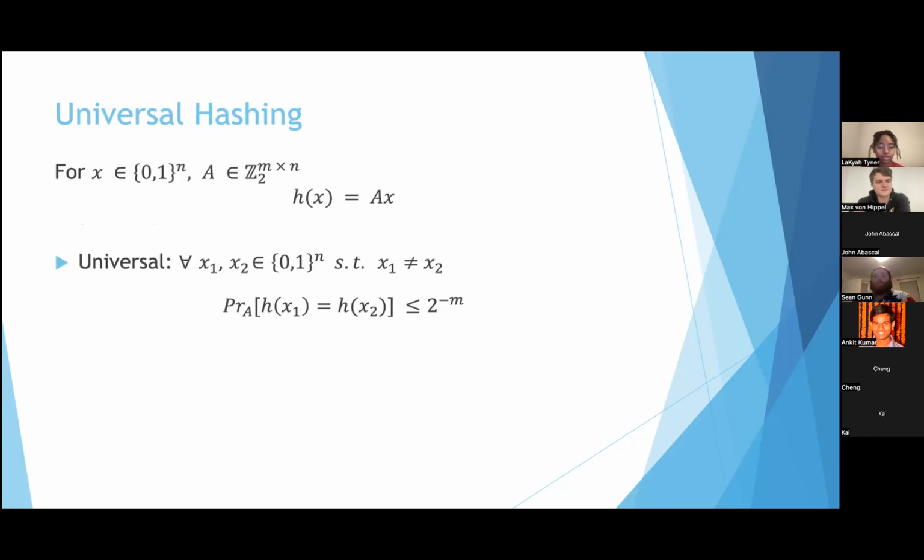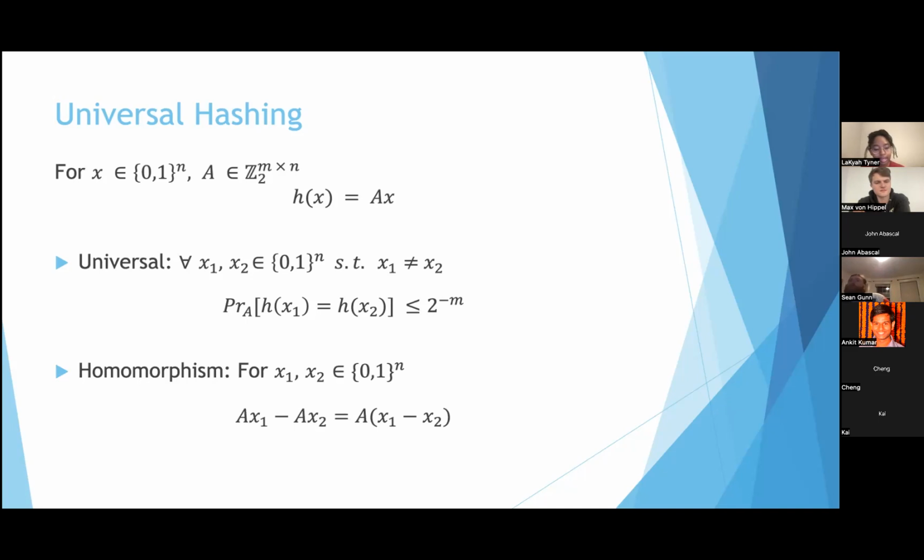This hash function satisfies the universal property, which states that for every x1, x2 such that x1 is not equal to x2, the probability over the randomness of that matrix A that the hashes of those two strings are equal is 2 to the minus m, which is negligible. It also satisfies the homomorphic property, which states that for every x1, x2, A times x1 minus A times x2 is equal to A times quantity x1 minus x2.